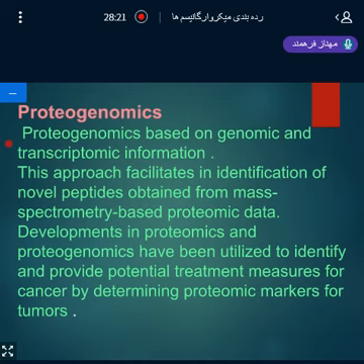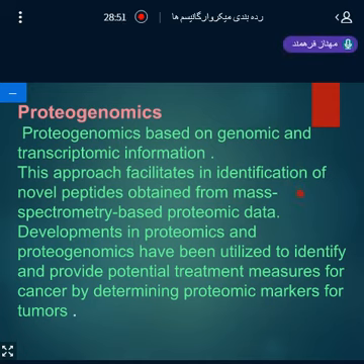This approach facilitates the identification of novel peptides obtained from mass spectrometry-based proteomic data. So this technique is a mixed technique. We have genetic information and protein information together.